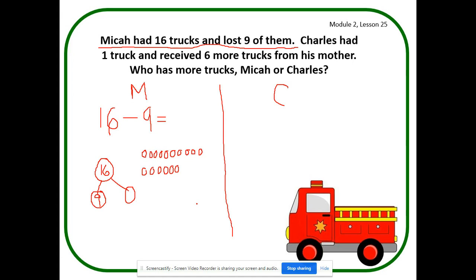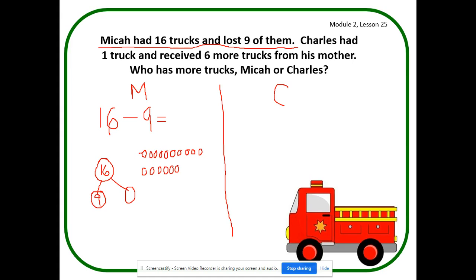Now remember, he had started out with 16 trucks, but he lost 9 of them. How can I show that he lost 9 of them in my picture? Do I draw 9 more? No, the answer should be no, because remember, he lost them. He didn't get 9 more. So do I cross off 9?